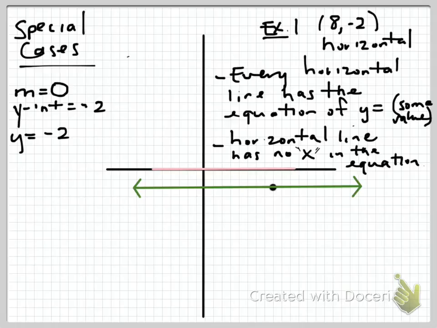What's the equation for this line? This is y equals 0, right? Why is it not x equals 0? It's not vertical. But if it was vertical going through the 0, it would be x equals 0. Make a difference? Do you understand?